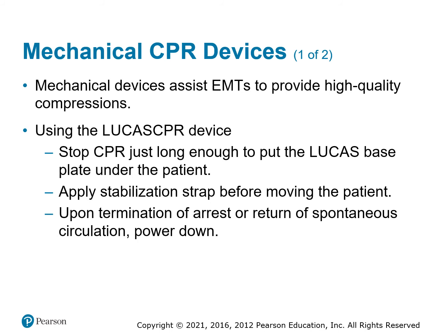One of the ones you see around our local community is the Lucas CPR device. You put the device on, it has a strap that goes around the patient, secures a plunger in the center of the chest, and it uses compressed air to make the plunger go up and down. Very efficient, very complete compressions.